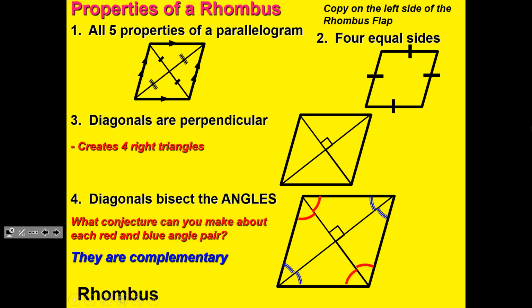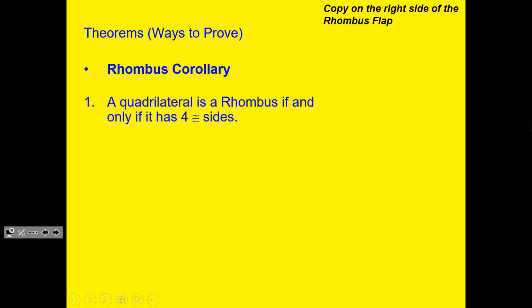Okay. On the next slide, we're going to be writing down all of the theorems of our rhombus. So this is all the ways you can prove that you've got a rhombus. So first is by the rhombus corollary. Okay. So these are going to include that a quadrilateral is a rhombus if and only if it has 4 congruent sides.